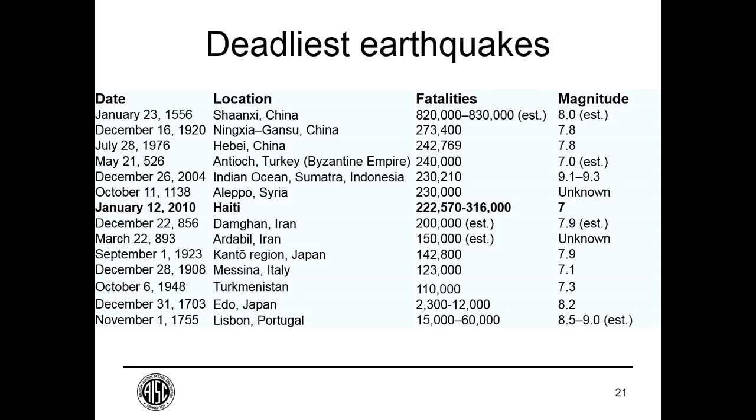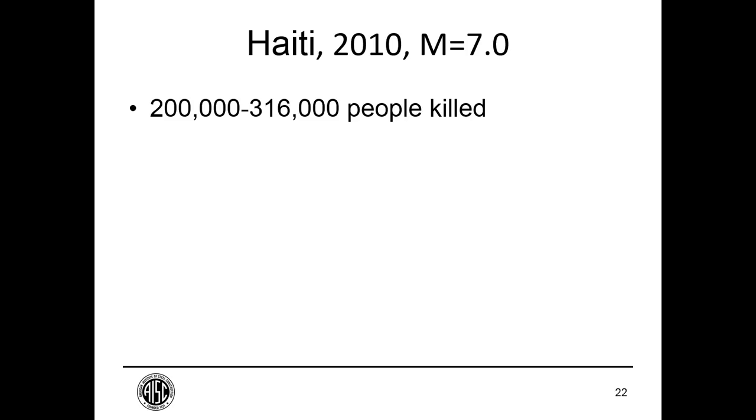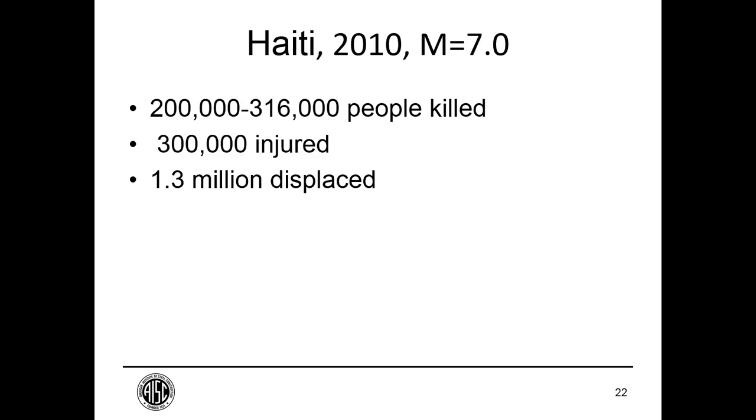I believe everyone should remember the 2010 Haiti earthquake. Only a magnitude 7. It's not small, but not one of the largest that we've seen. Over 200,000 people killed, and it's hard to know exactly how many, but in that range, 200,000 to 300,000 people. That's quite a lot, and of course, many injured, many people displaced, and it affects the economy of the entire country.